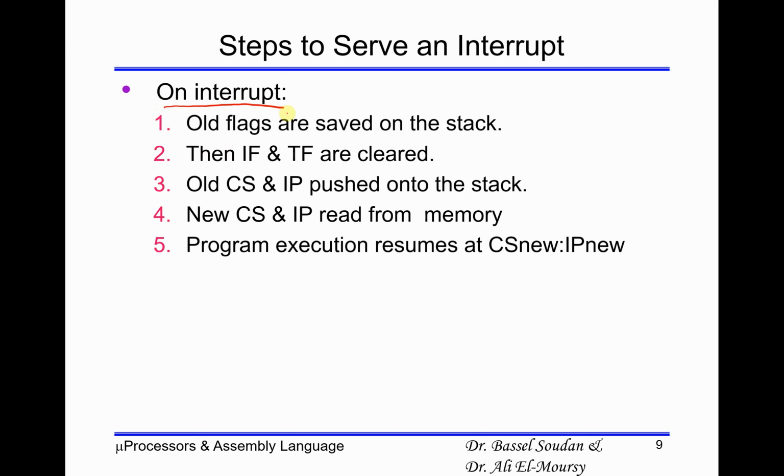As we mentioned, it is a far call. First, it saves all the flags. The status register should be pushed into the stack, because the microprocessor needs not to change the status while it is executing the interrupt service routine.